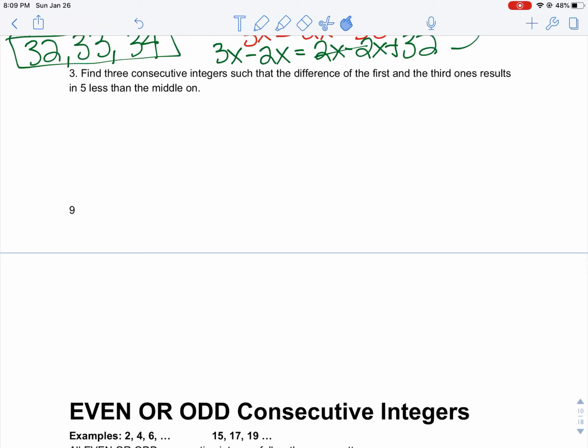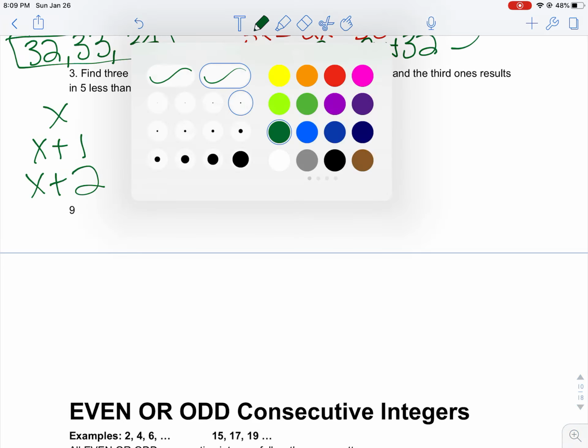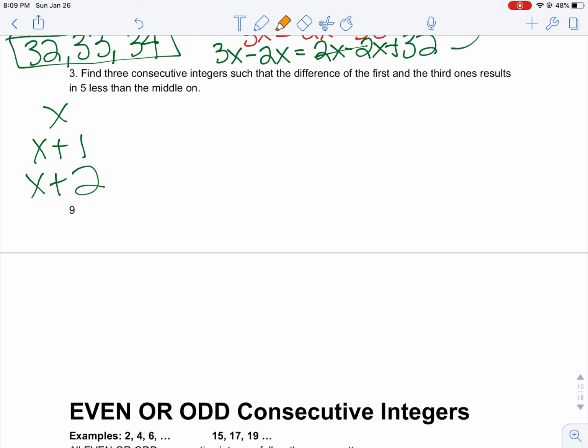All right. The very last one, find 3 consecutive integers such that the difference of the first and the third one results in 5 less than the middle. So remember, the pattern is x, x plus 1, x plus 2. So let's highlight some clue words. We have difference, the first and the third, 5 less than the middle.